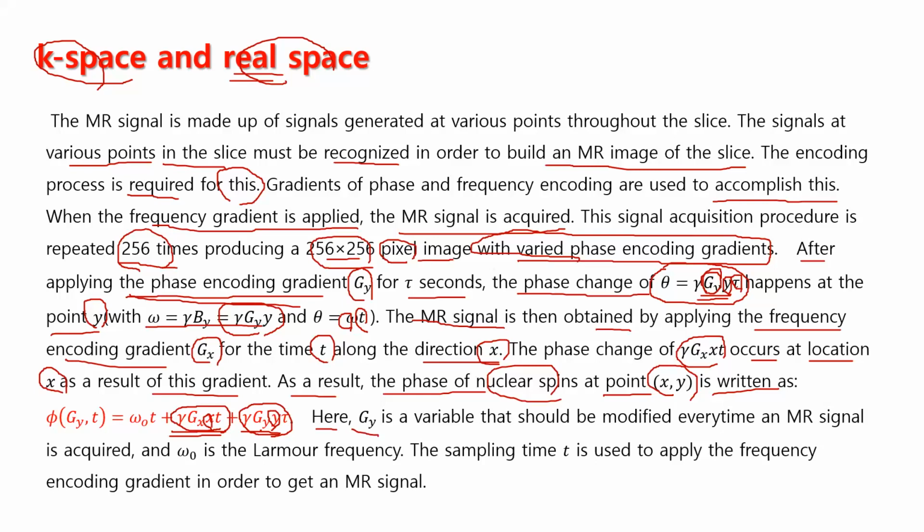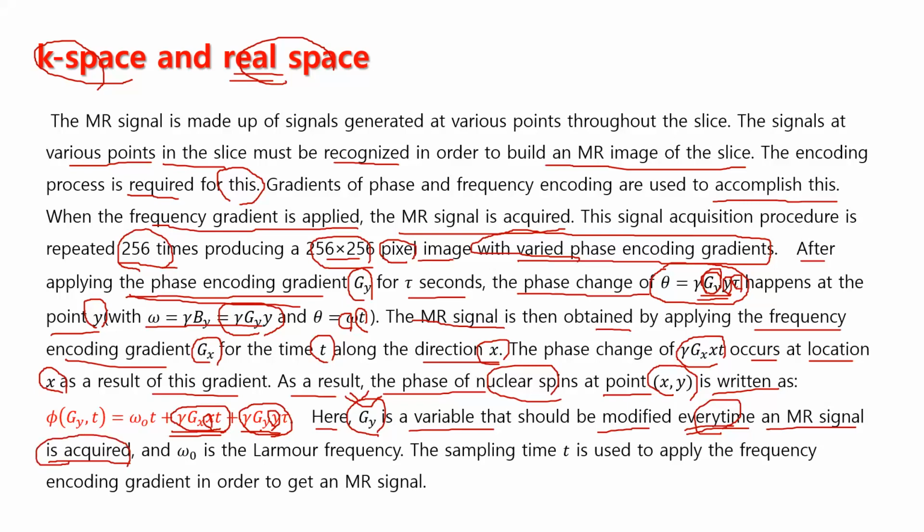Here, Gy is a variable that should be modified every time an MR signal is acquired. So we have to change the slope of the phase encoding gradient every time an MR signal is acquired.